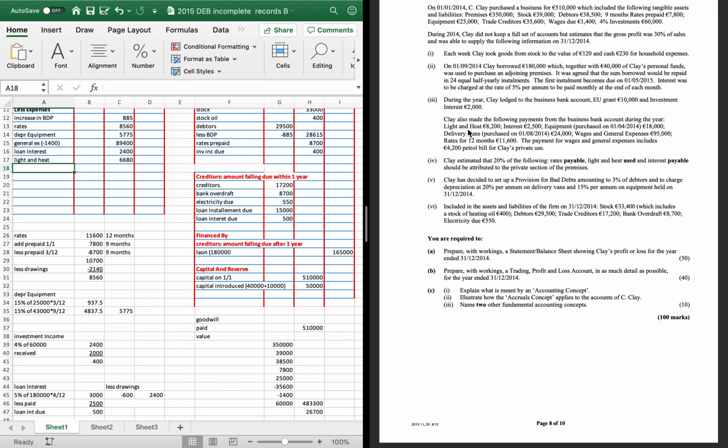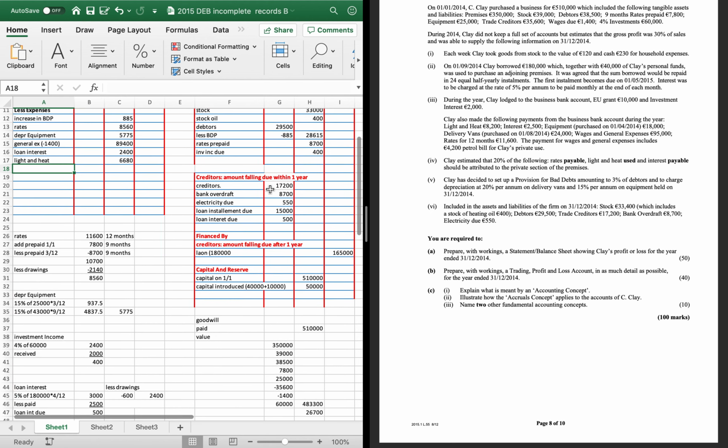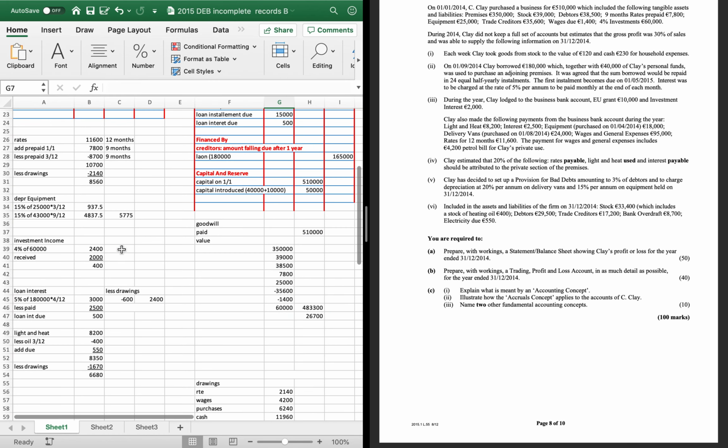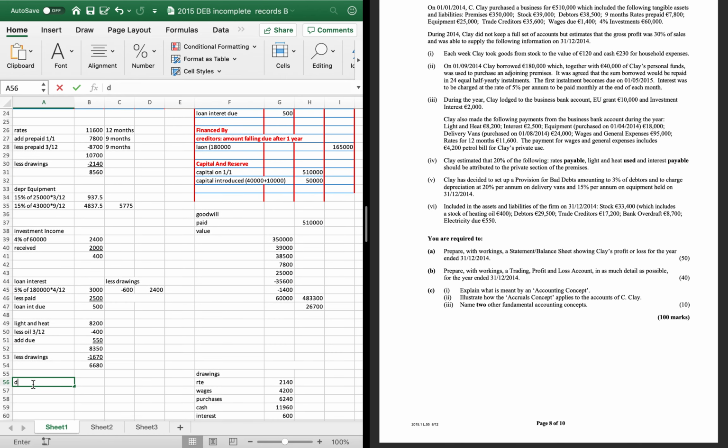Equipment we've done. Delivery vans we haven't done yet. The same process. There were no delivery vans at the start. You bought a delivery van on the 1st of the 8th for 24,000, and there is depreciation on them. So the depreciation on the van is 20% per annum.